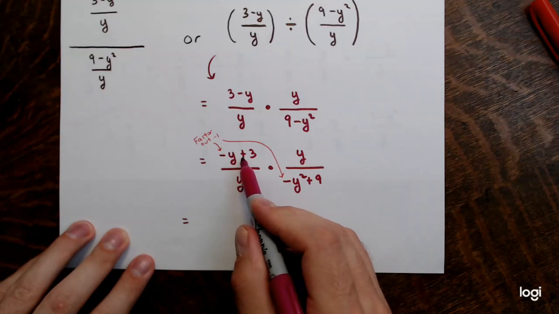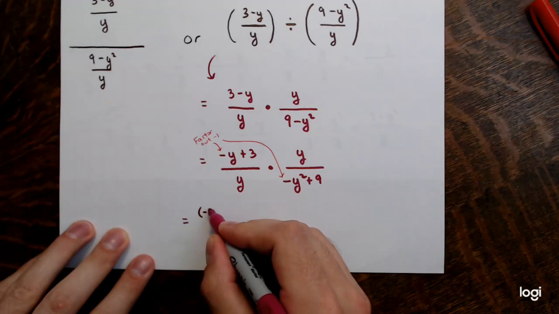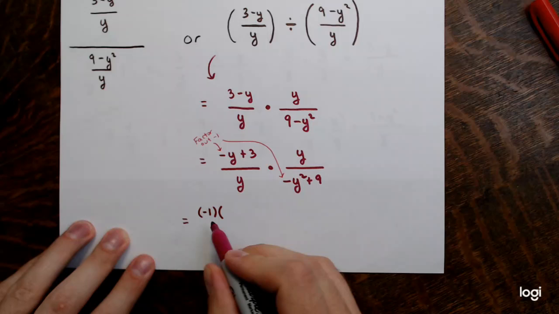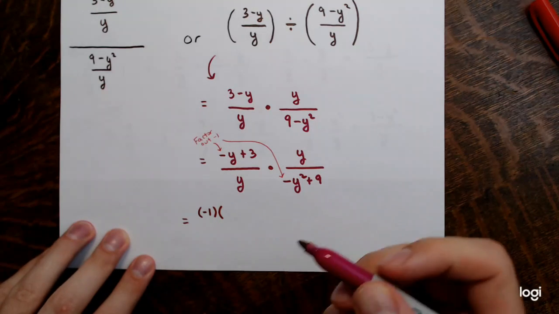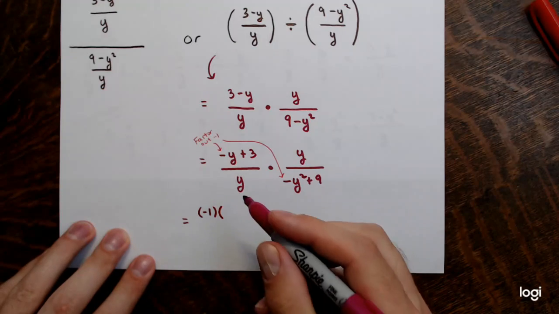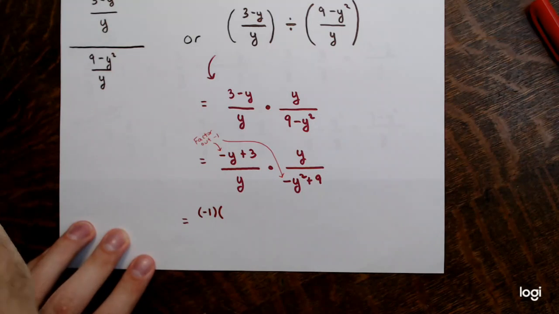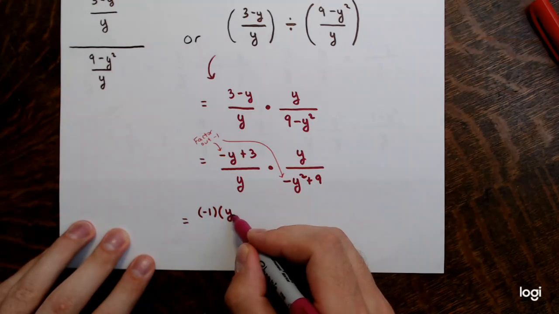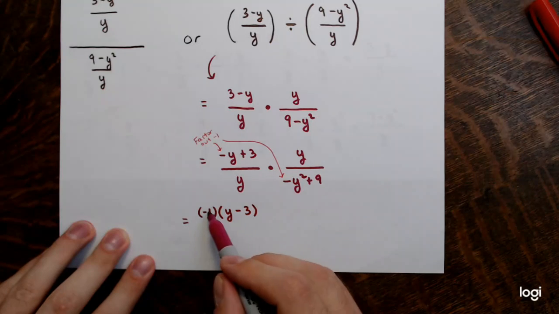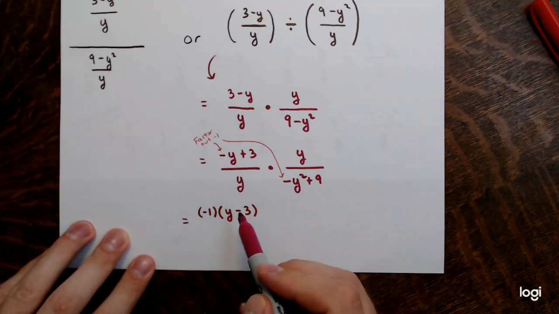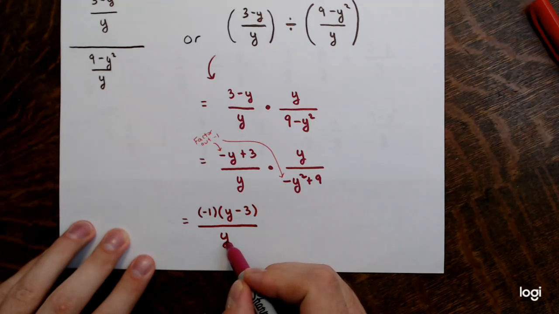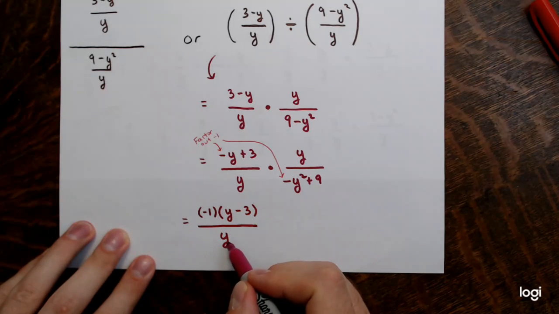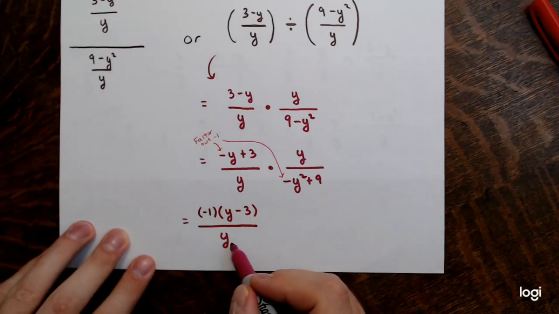So the numerator of this fraction, I pull out a negative 1, or you could just write a minus sign. A minus sign implies times negative 1. And then when I remove a factor of negative 1, what's left over up there is y minus 3. And you can double check, distribute that, you get negative y plus 3. Okay, and then divided by y. y doesn't really factor any further, so the only factor in this denominator is y.